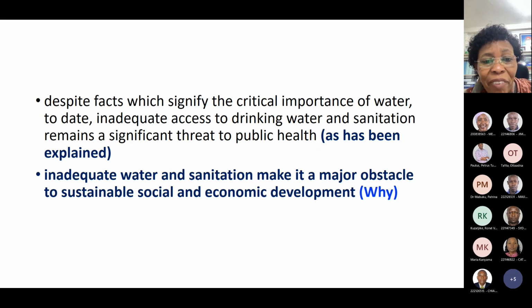So, despite facts which signify the critical importance of water, to date, inadequate access to drinking water and sanitation remains a significant threat to public health, as has been explained, and inadequate water and sanitation make it a major obstacle to sustainable social and economic development.